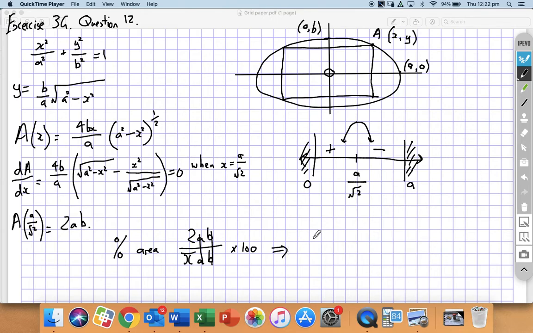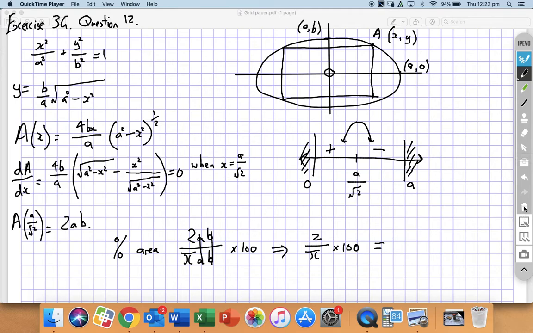So you've got 2 divided by pi times 100. And that will equal, well, 2/3 is 66%, but that's not quite a third. I don't know, 60-ish%. Let's actually try and do this on a calculator.